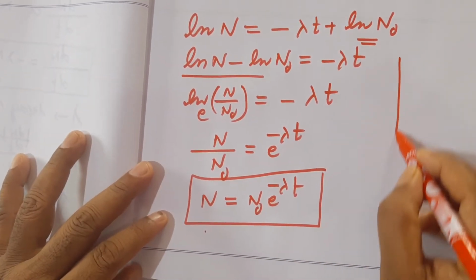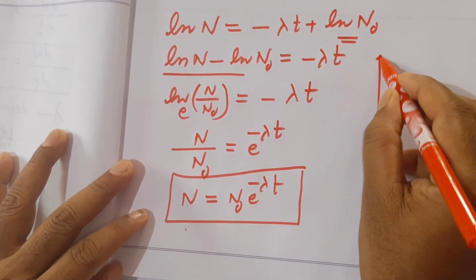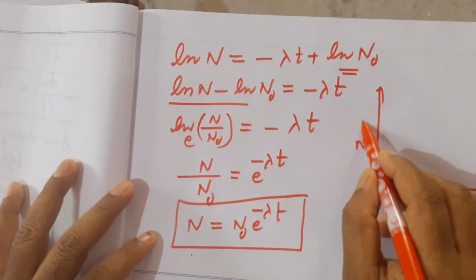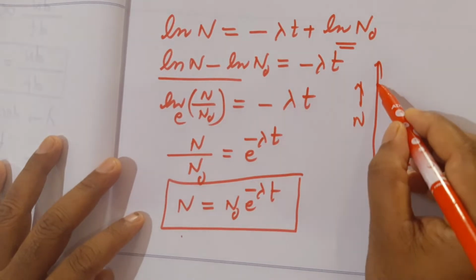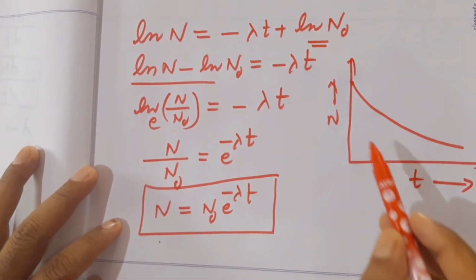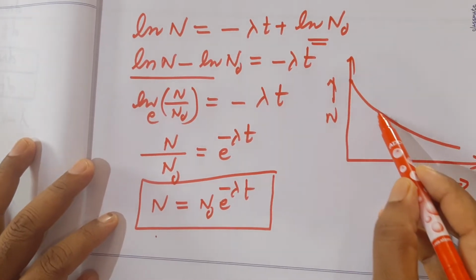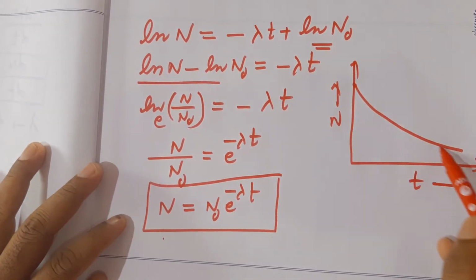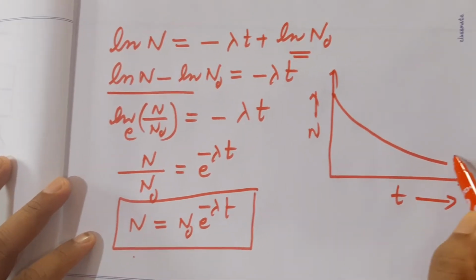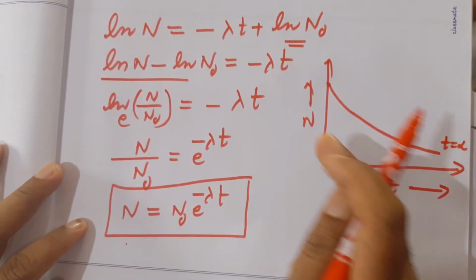From this we can understand very clearly the graph between time versus N. You will get a graph like this. The graph indicates that the number of radioactive nuclei decreases exponentially with increasing time. It doesn't cut the x-axis; it goes on gradually up to t equal to infinity.